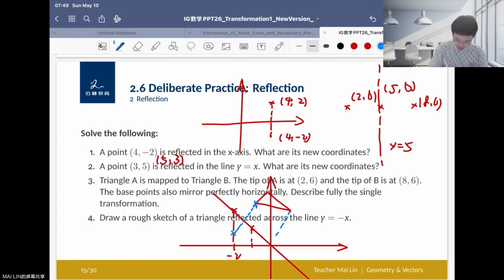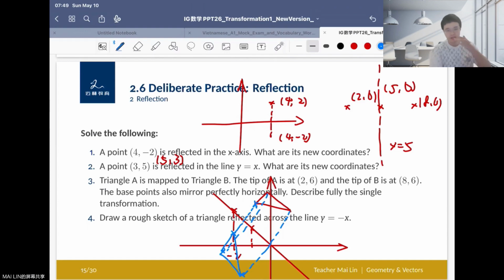Then choose another point and draw its reflection this way. Connect all the points together, and this finally forms a triangle as the reflected triangle.